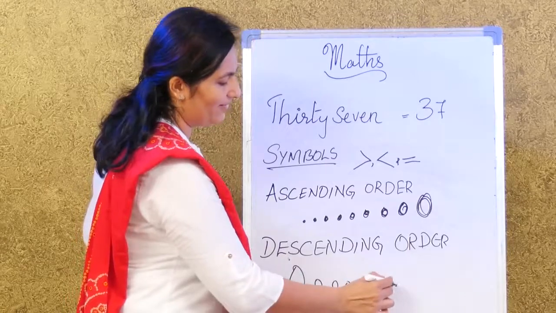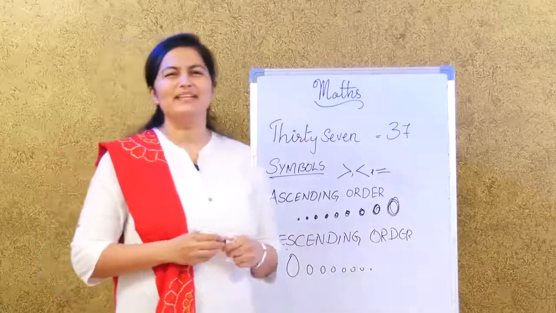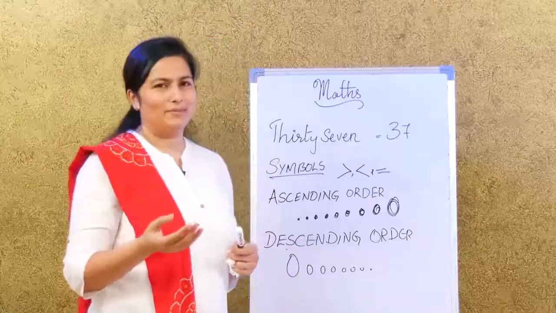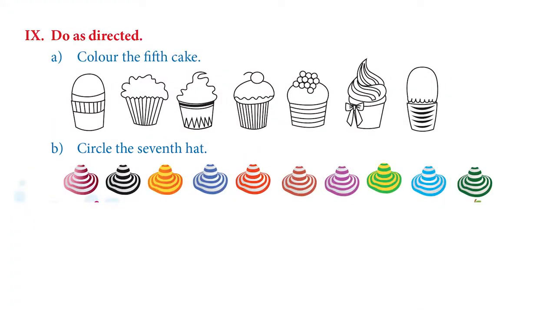Just a simple example for you to remember. All right, the next one is easy and it reminds you of food. Color the 5th cake, circle the 7th hat. Easy, right?